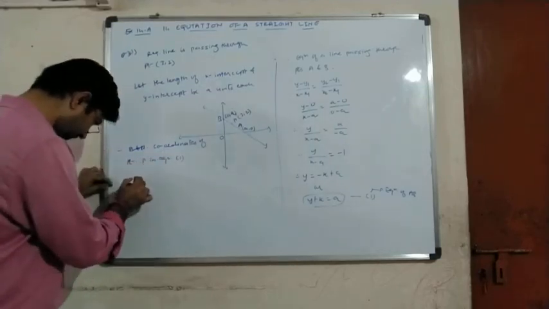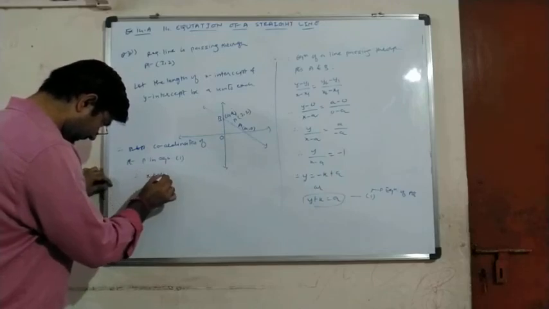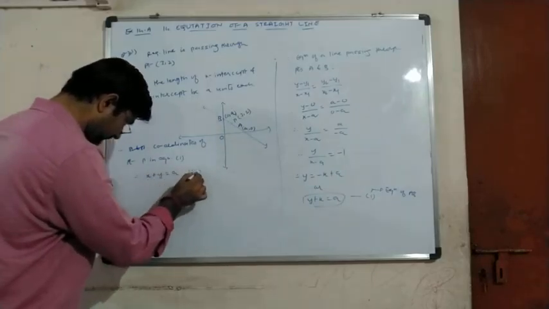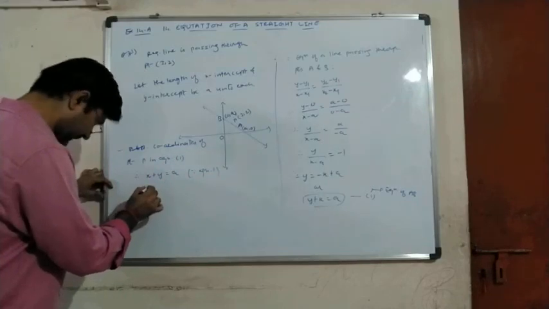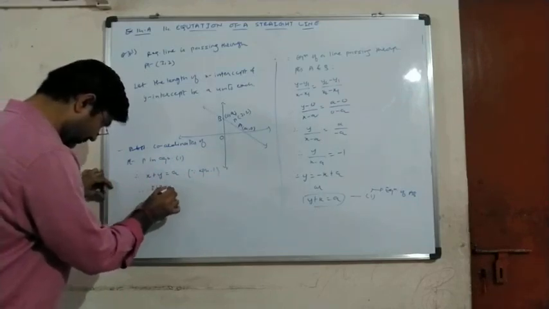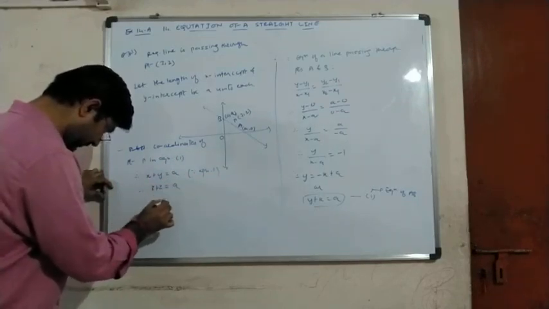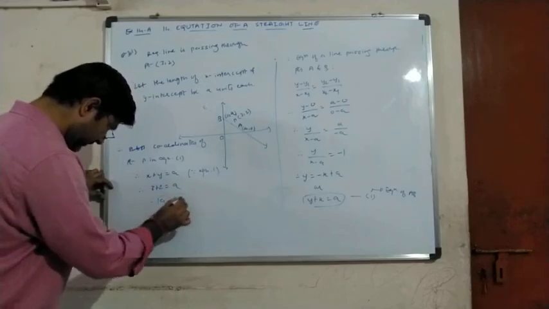What is equation 1? x plus y is equal to a. So for x it is 3, so 3 plus 2 is equal to a. Therefore a is equal to 5, we got.